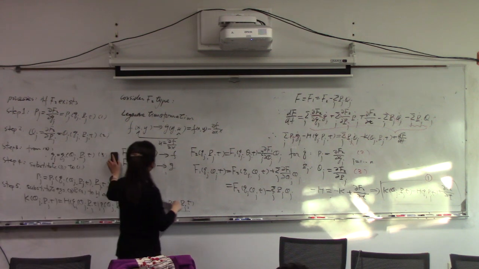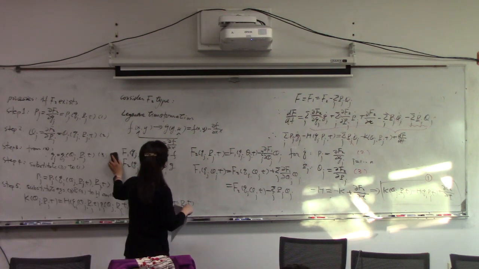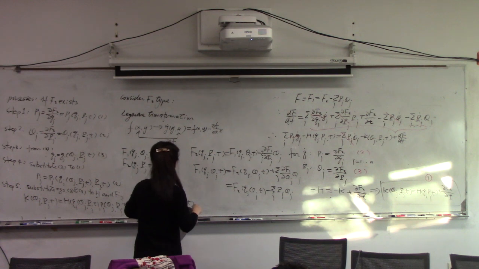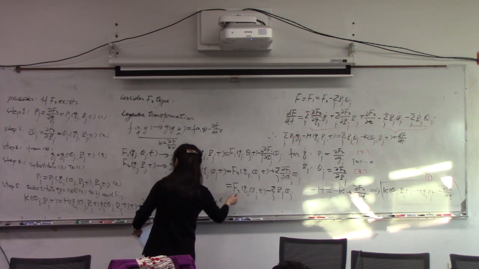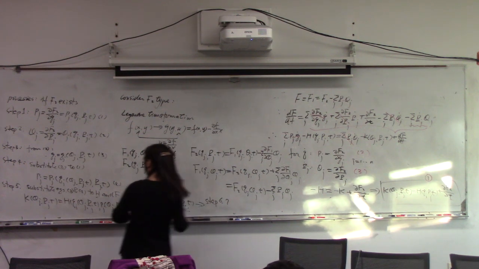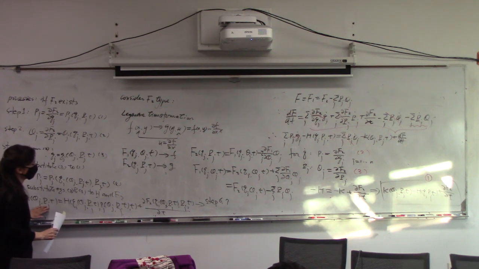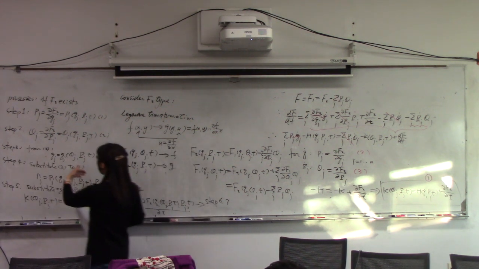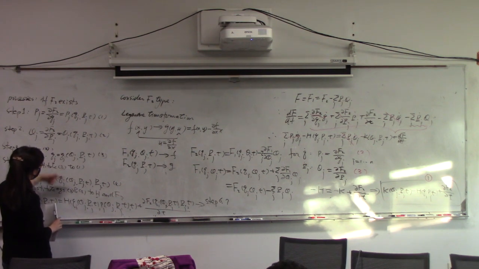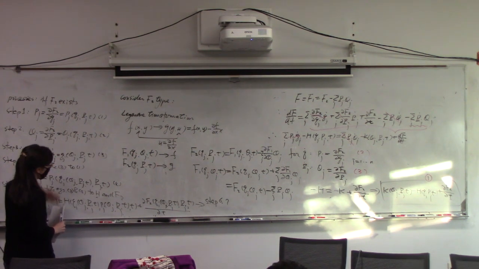Then step 6 is to solve the Hamilton's equations of motion, and step 7 is to take that solution and go back to the transformation equation again.